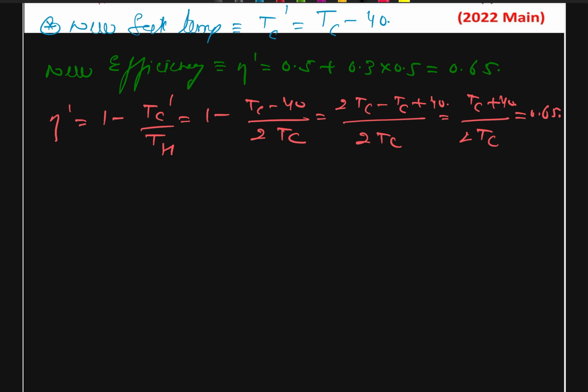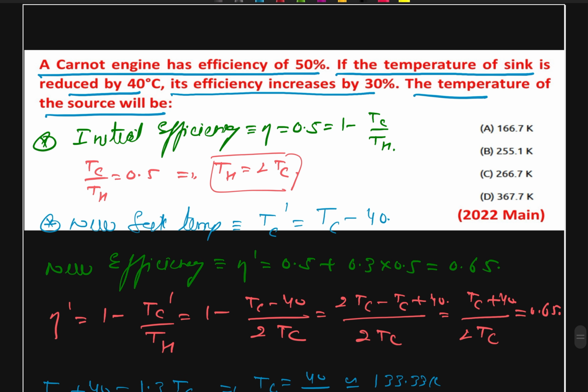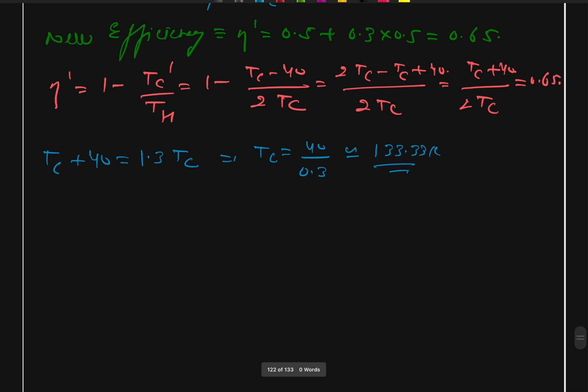So from here we get Tc plus 40 is equal to 1.3 times Tc, or we can say our Tc will be equal to 40 divided by 0.3, which will be approximately equal to 133.33 Kelvin.